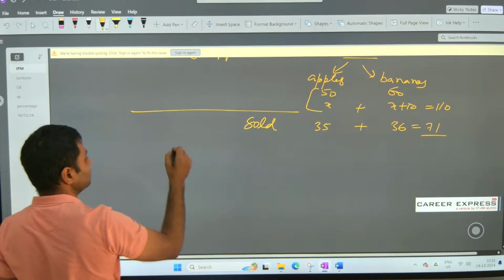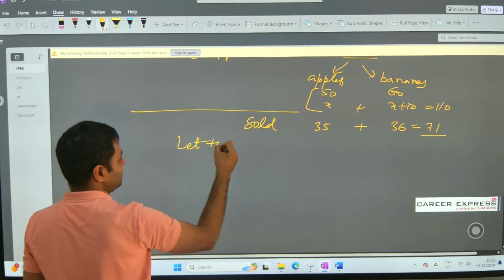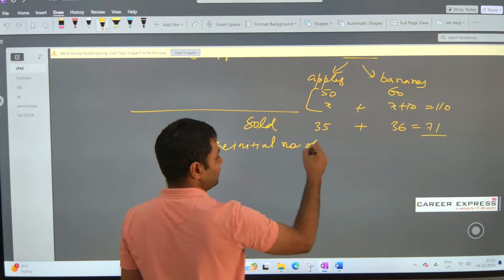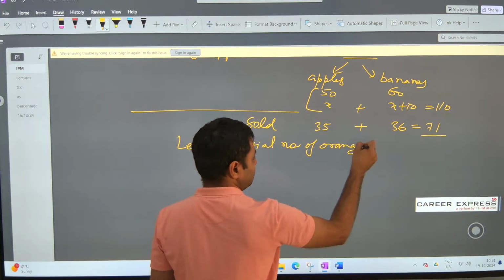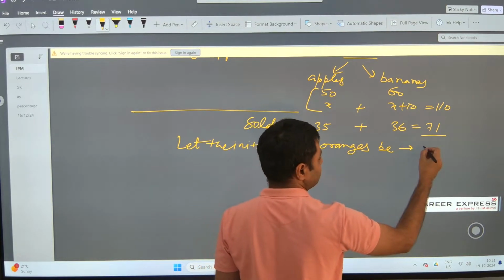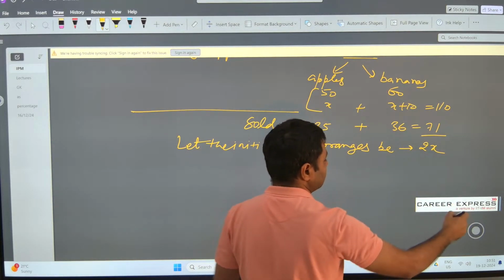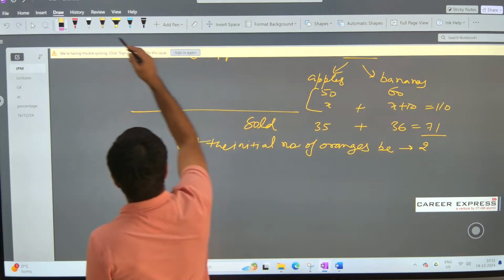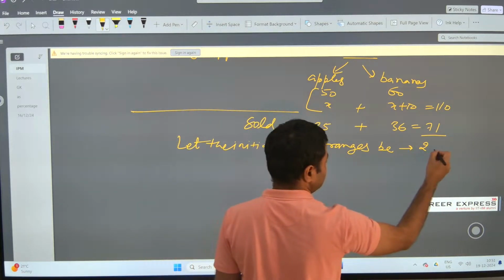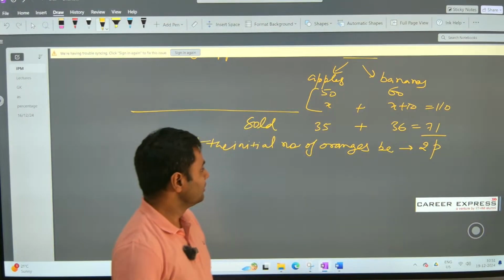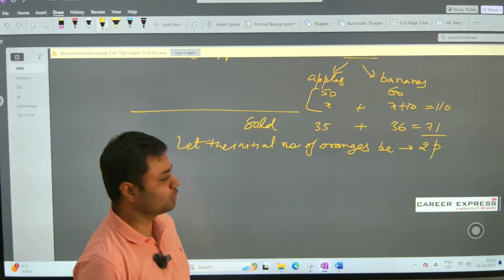Let the initial number of oranges be 2p, right? So 2p is the initial number of oranges.